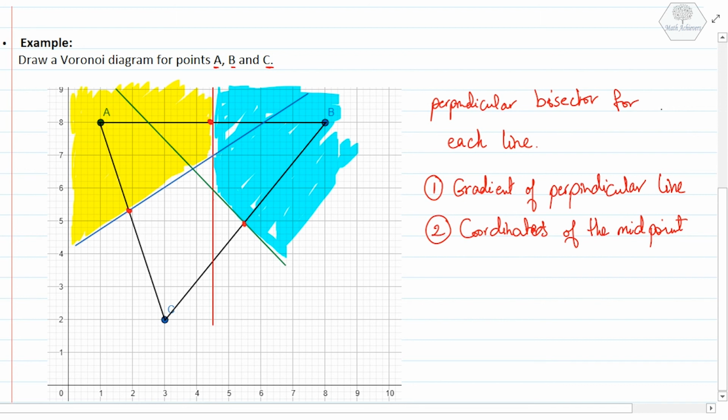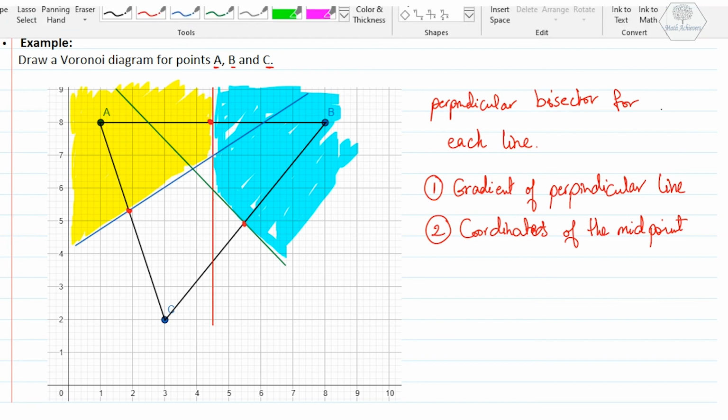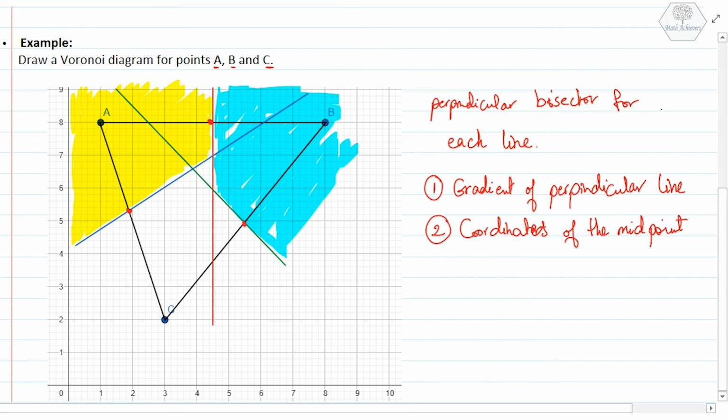And the left area is for the site C, so I'll have the site C shaded this way. I'll have it in pink.